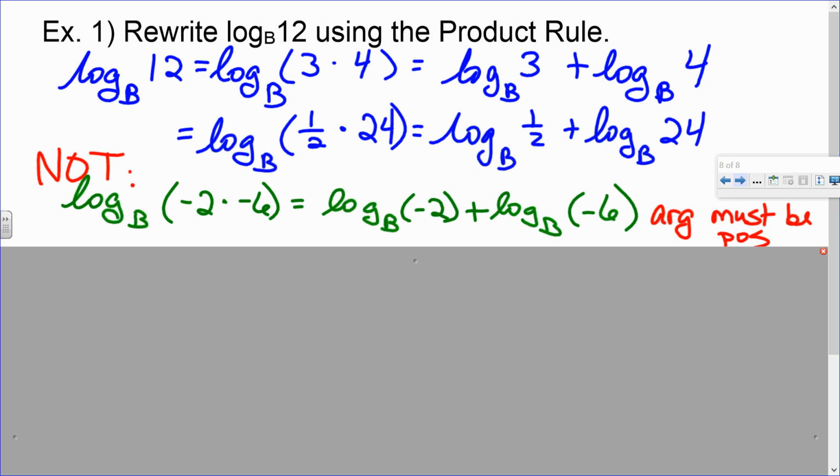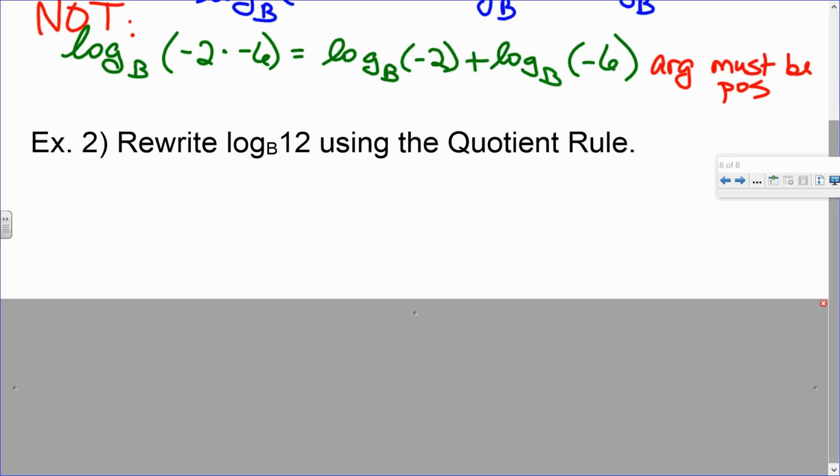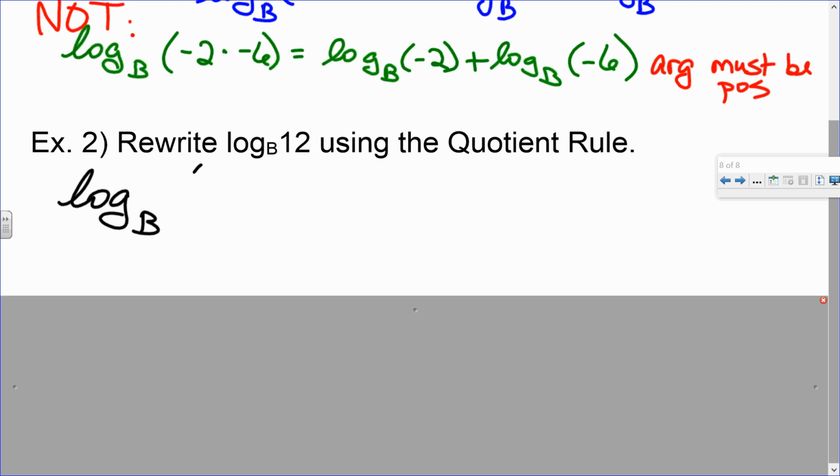Okay, let's see what we could come up with for quotient rule, still for log base b of 12. Two numbers I can divide and get 12. Okay, so 24 and 2, if we want to start off relatively easy.